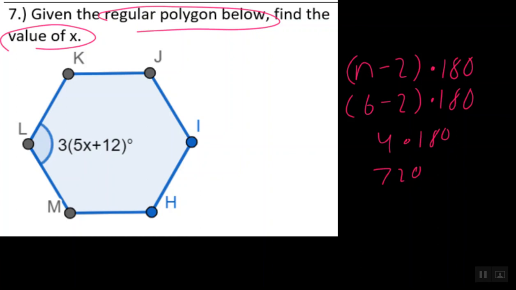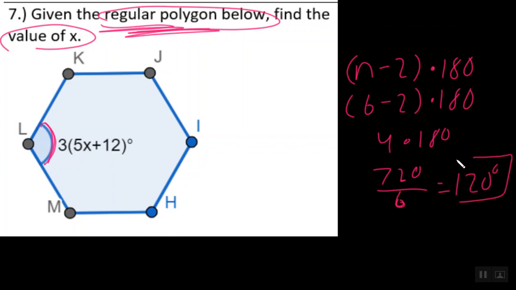Now, if we want to know how large one particular angle is for a regular polygon, we simply divide that number by the number of sides. And we know that a hexagon has 6. So, what is 720 divided by 6? Well, it's 120. I kind of gave it away.